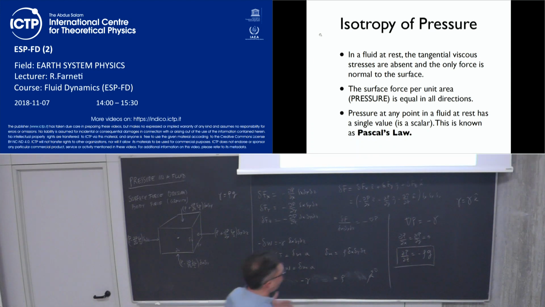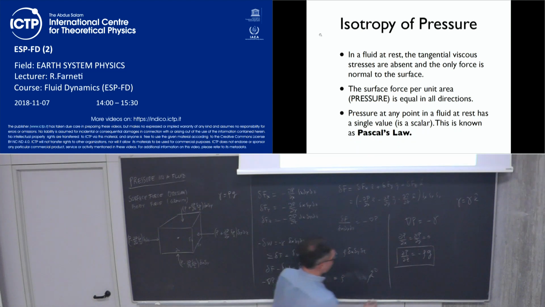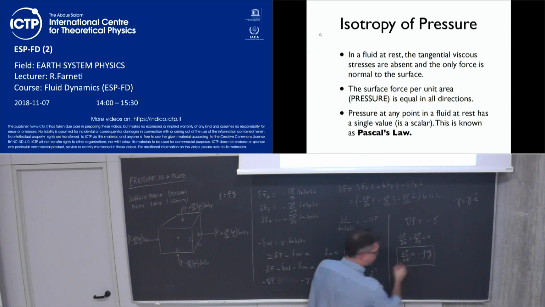So my dp/dx and dp/dy must be equal to 0 because there is no other force. In the vertical now we have a weight. So my dp/dz, my variations in pressure in the vertical, balance the weight, which only has a vertical component. That was my rho g per unit volume.